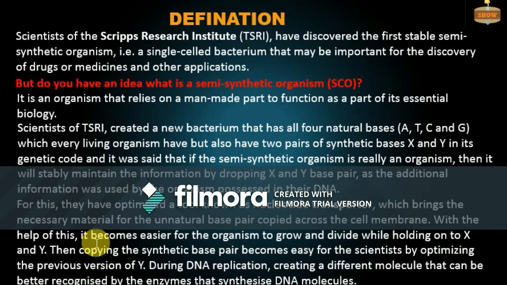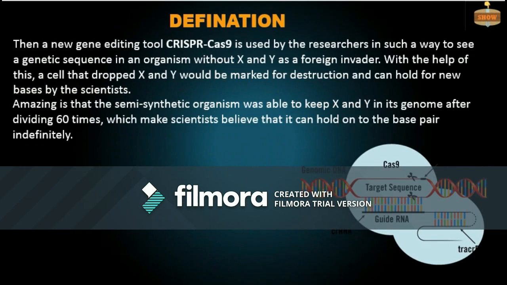So you have heard that in this we have to drop X and Y, and by this you can get the information. Later the scientists developed one more tool, a gene editing tool.